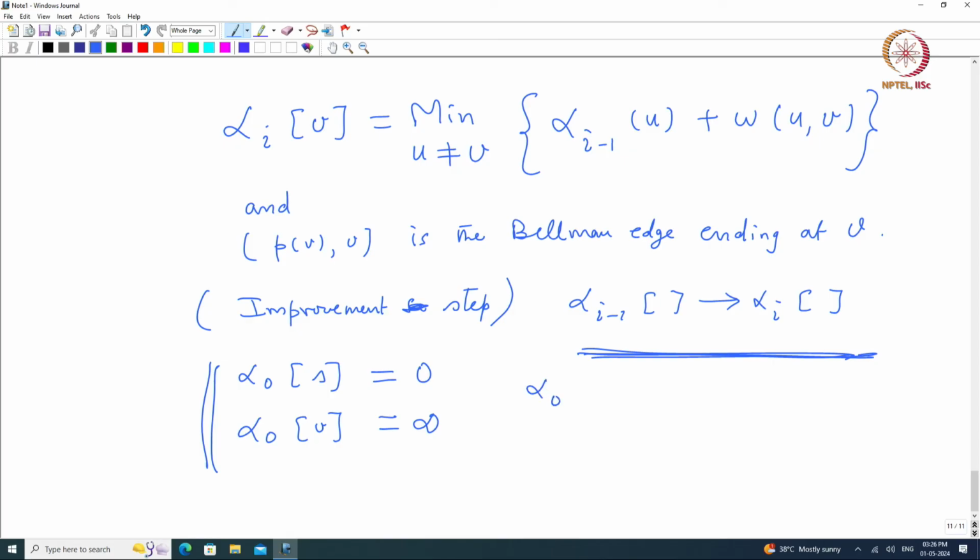From the alpha 0 array build the alpha 1 array, from the alpha 1 array build the alpha 2 array. In this way you keep building until you get the alpha n minus 1 array. How do you go from one array to another array?